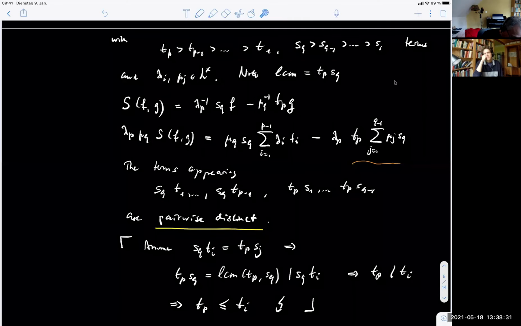Even that is not necessarily true, but I don't think that the least common multiple will divide. Oh, maybe you may be right, let me check.